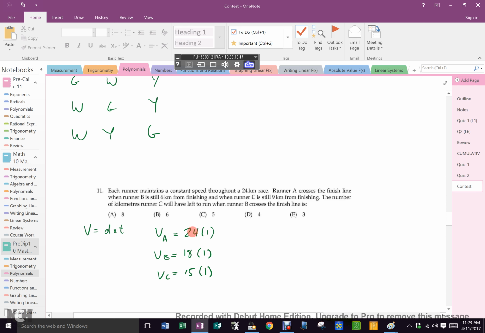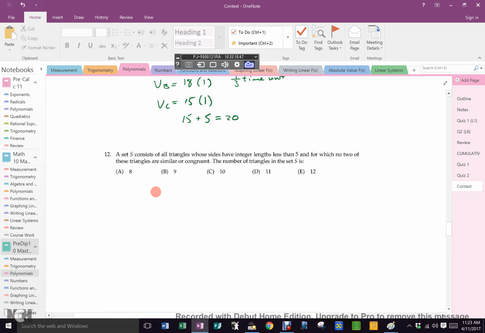So this guy needed to go 6 more, which was a third of this. So he had 1/3 of his time unit left, which means this guy also had 1/3 of his time unit left. So 1/3 of his time unit would have been 5. He already did 15 in the first one, and then he did 5 more in his third of a time unit to get 20, which means he was 4K from finishing.